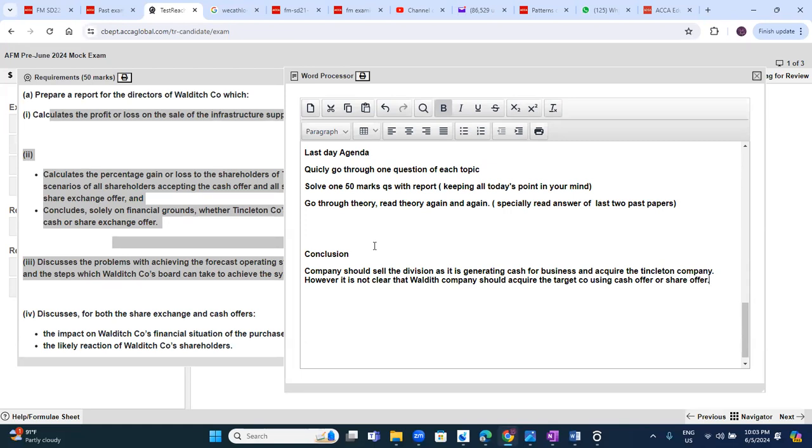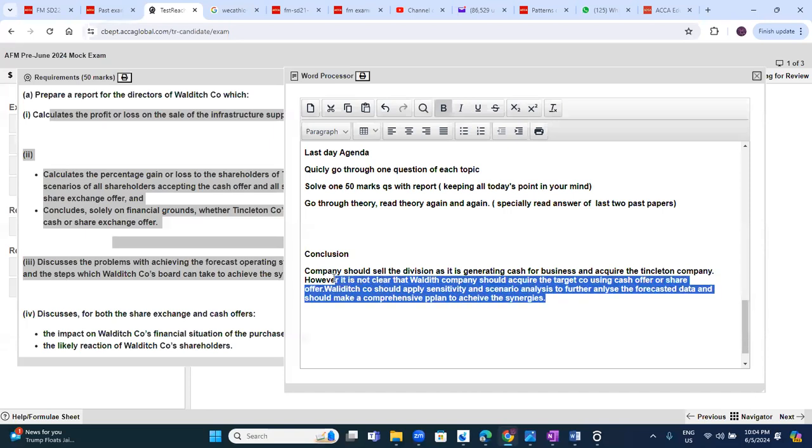Okay. Then you can write one more point. We should apply sensitivity and scenario analysis to further analyze the forecasted data, and should make a comprehensive plan to achieve the synergies.